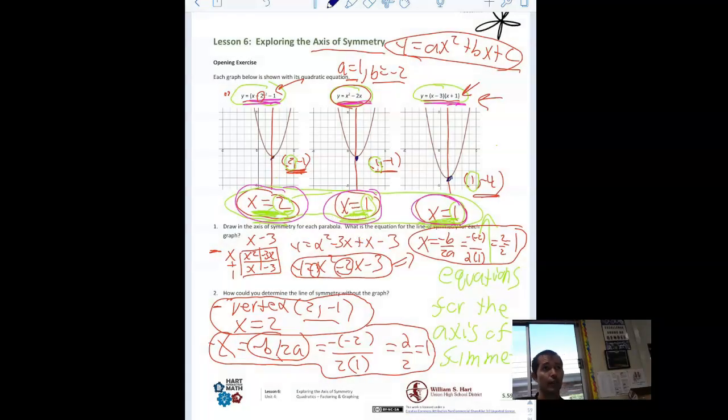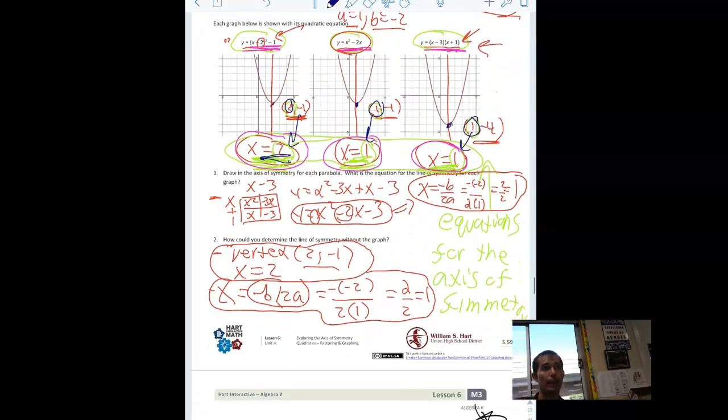So I identified all 3 vertices. Then after that, the equations for the axis of symmetry are just x equals the x coordinate of the vertex. The x coordinates of the vertex are here, here, and here. And I just threw them all to the right side. And then I'm done. Those are the 3 equations for the axis of symmetry.